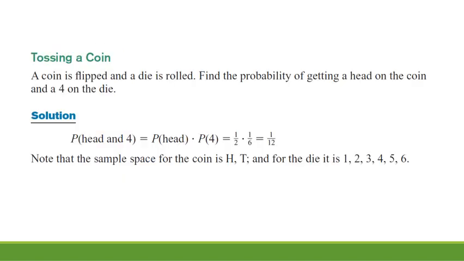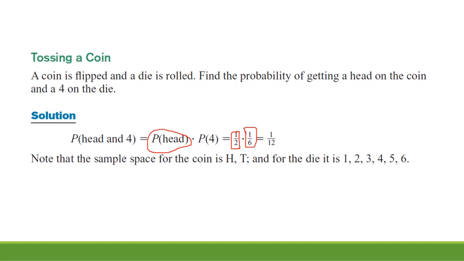For example, a coin is flipped and a die is rolled. Find the probability of getting a head on the coin and a 4 on the die. We all know that getting a head and a 4 are independent events, so you just need to multiply the probability of getting a head, which is 1 over 2, times the probability of the second event, which is 1/6.